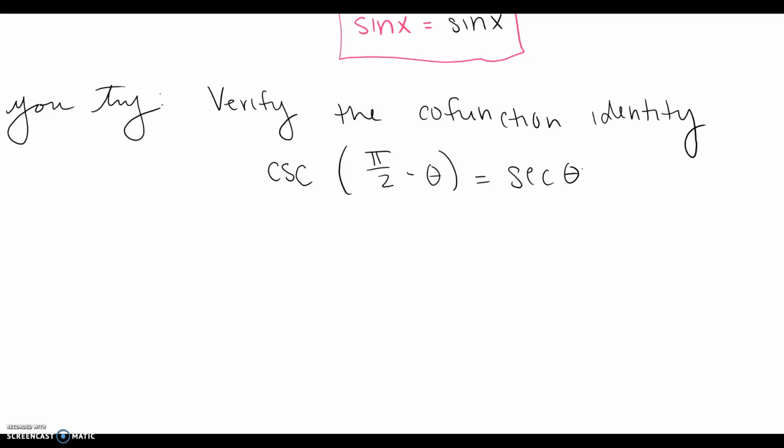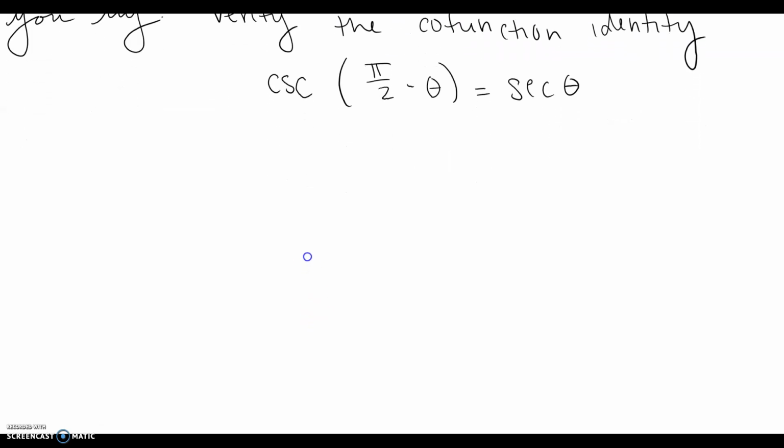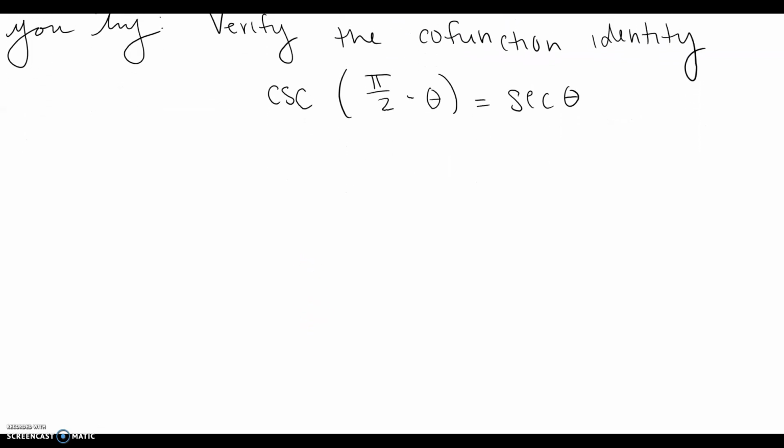And no, you cannot just say, I know this is true because of the cofunction identity. You need to prove it. So do the algebra. Because this is a you try, please pause the video. And when you're done, hit play and I'll go over it.